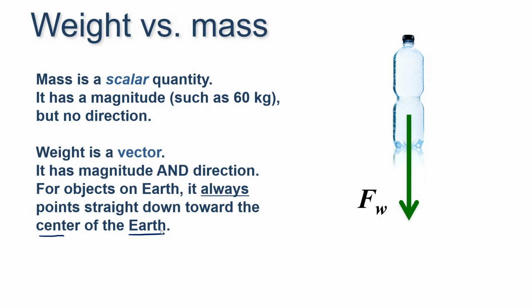So if you're on a hill and you're kind of at an angle, it doesn't matter what that angle is. Your mass is going to be pulled down towards the center of the Earth. Okay?